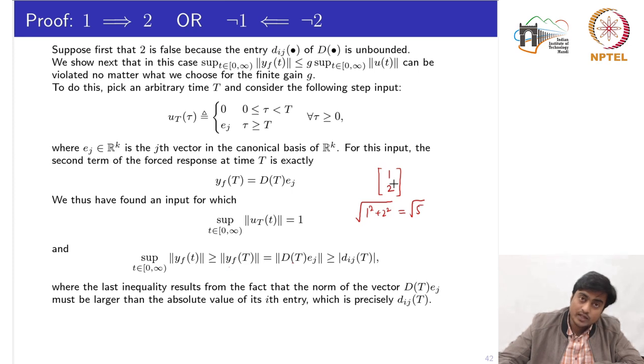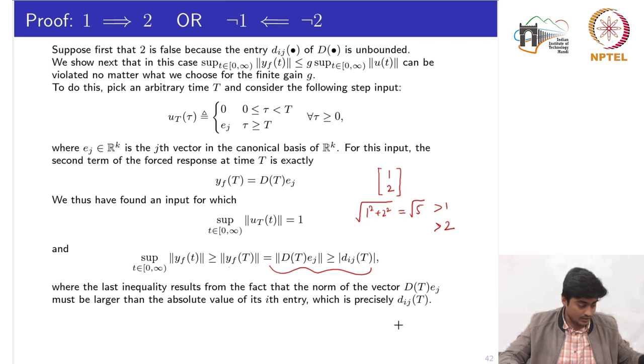Now the norm of this vector is greater than the absolute value of all its entries. So root 5 is greater than 1 and root 5 is greater than 2. Basically this part comes from the fact that the norm of the vector must be greater than the absolute value of its ith entry.